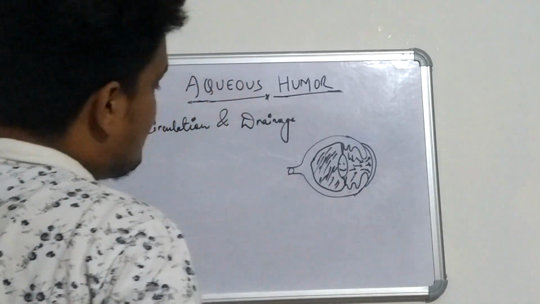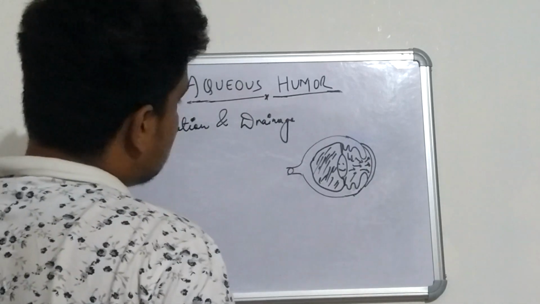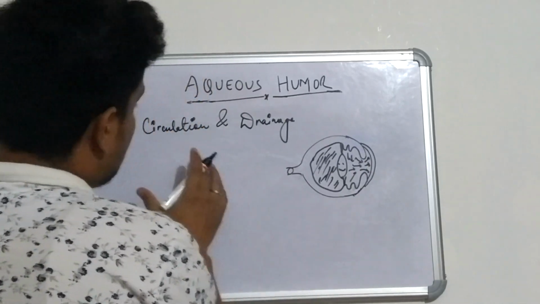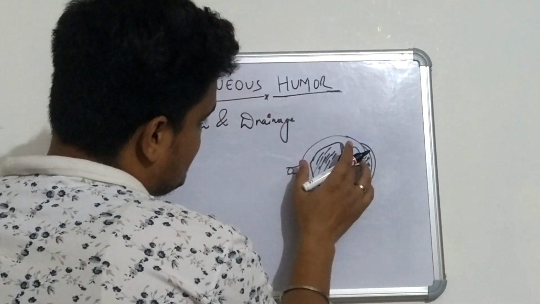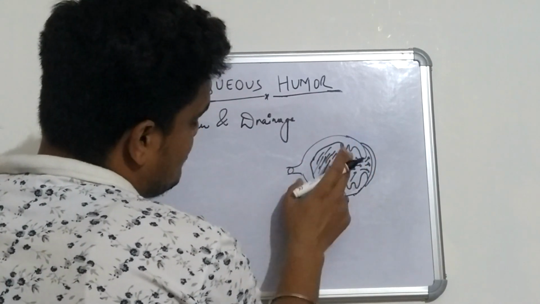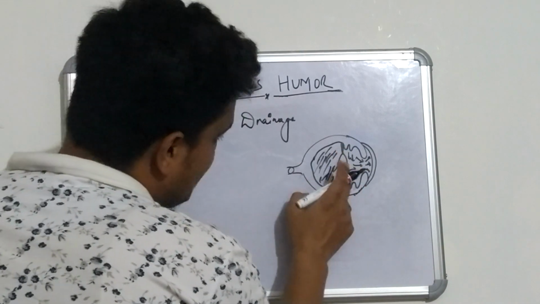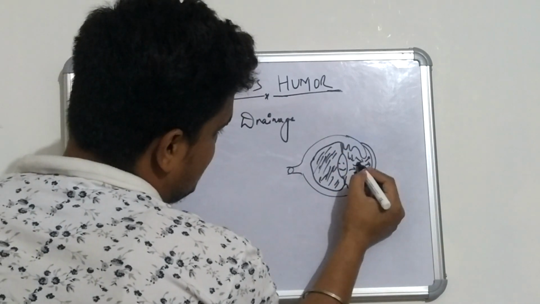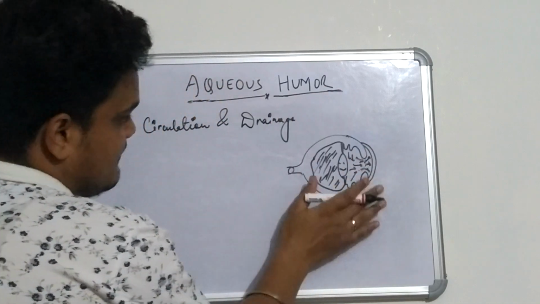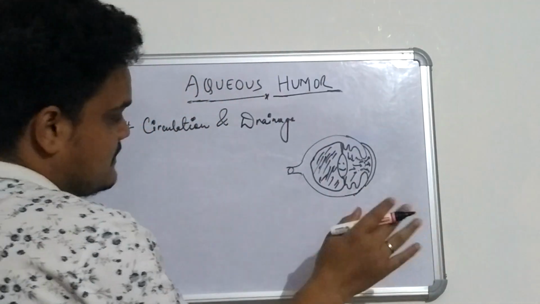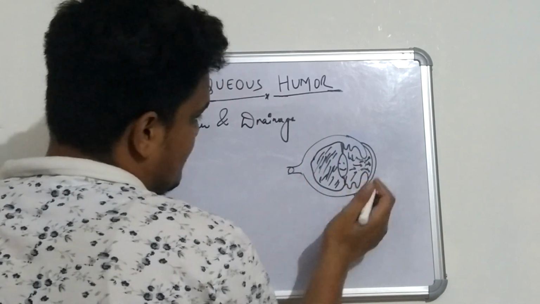Okay, so now we are going to discuss the circulation and the drainage. As you know, in the circulation, the posterior chamber is the main production area of the aqueous humor, from where it will circulate with the help of the pupillary aperture in the iris. This is a cross-sectional diagram; it is all around completely, but I am just making a cross-sectional diagram here.